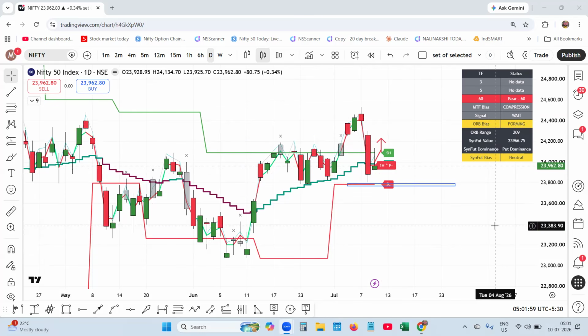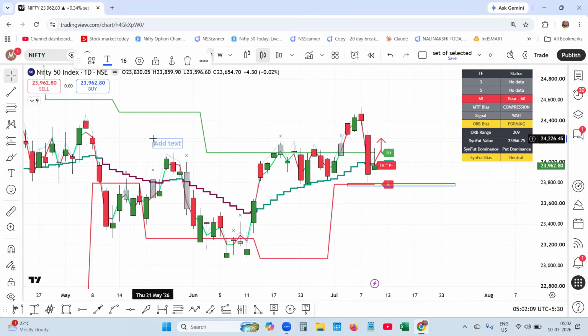You can read the range has to be 209 and the synthetic value it is giving is 23,966. Let me write down 23,966.